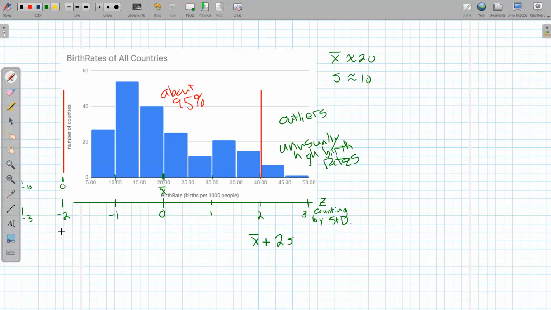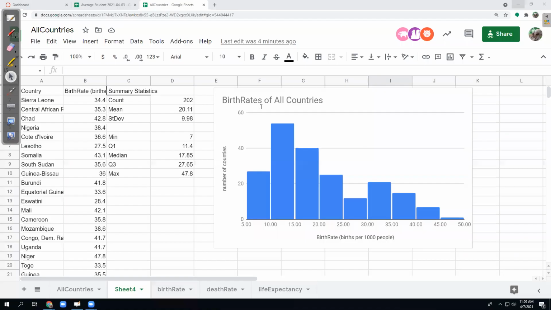To get this position right here, I'm going to just draw a line in the sand, right? That would be take your mean and subtract 2 standard deviations. And we should find that it's about 0. So let's just double check that on the spreadsheet and then count how many of our countries live in this region right here that we've marked off.